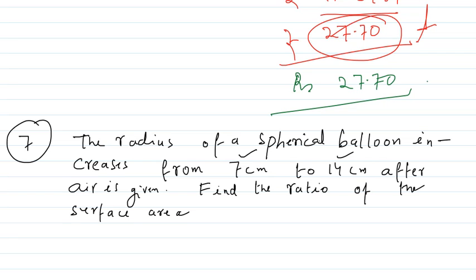The radius of the spherical balloon increases, it was 7 centimeter, so it increases to 14 centimeter after air is given. So we have to find the ratio of the surface area of the balloon.